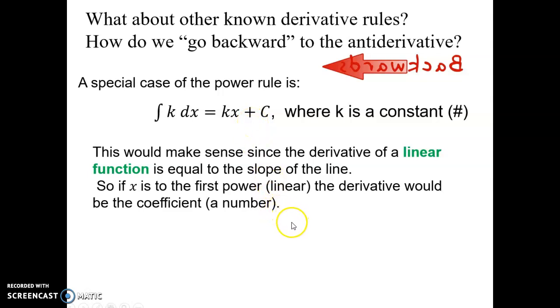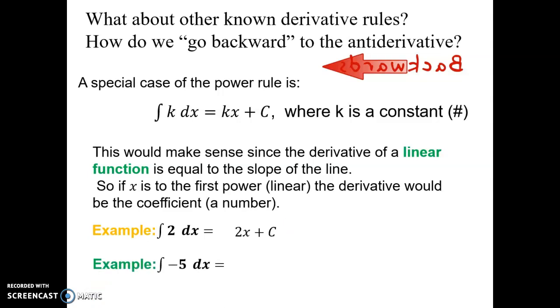Again, this would make sense because the derivative of a linear function is equal to the slope of the line, and it's just going to be a number. So if x is to the first power, the derivative would be the coefficient or the number. So let's do an example. If I asked you to find the general antiderivative of 2, you would say 2x plus c.